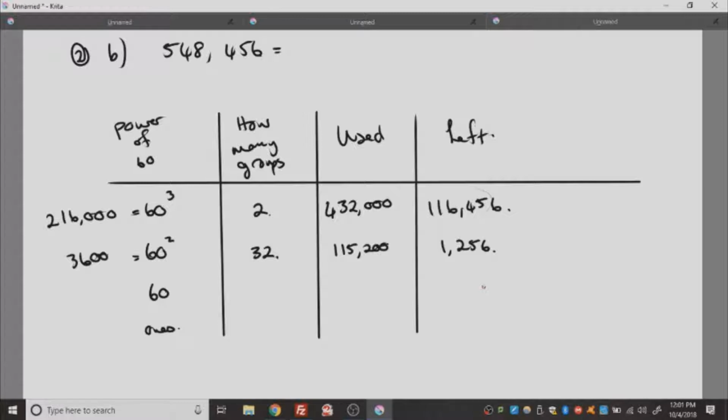What the 1/16? What was left minus what I've used. You just do it on your calculator. It's fine. We had 116,000 and something left. That's now all I care about. Of that, I've used 115,200. What's left? That means subtraction.